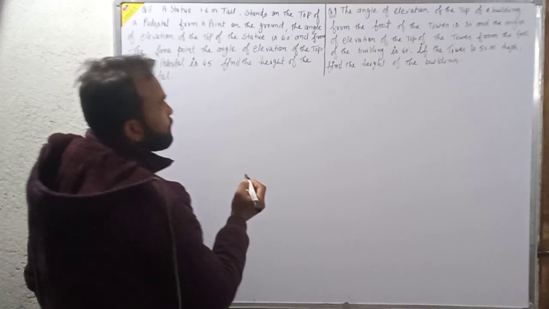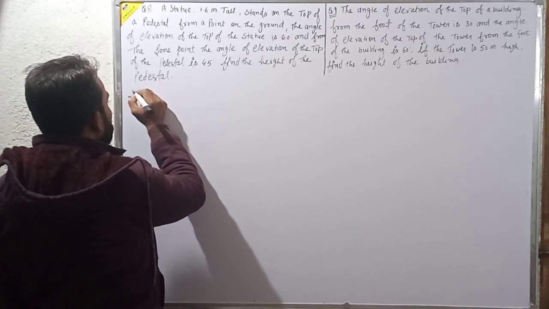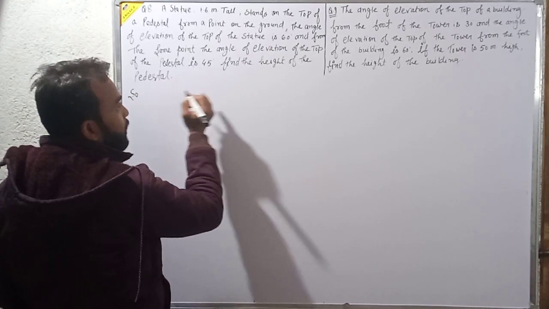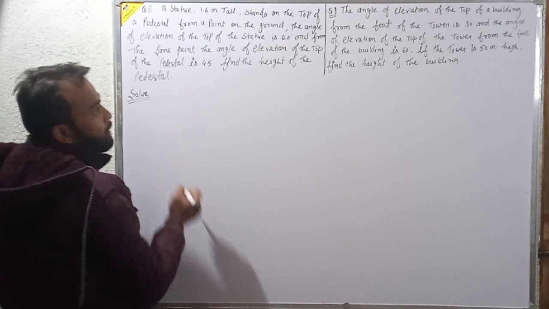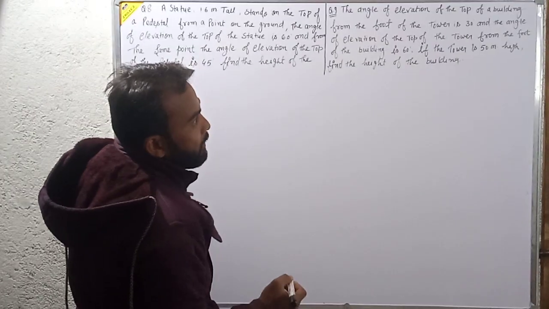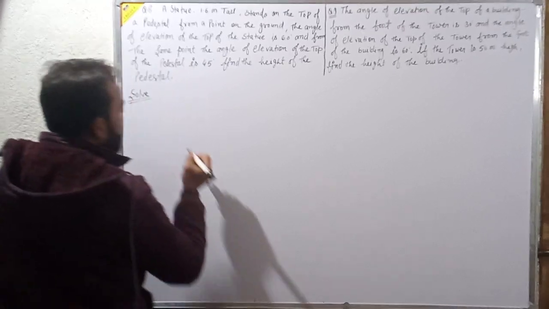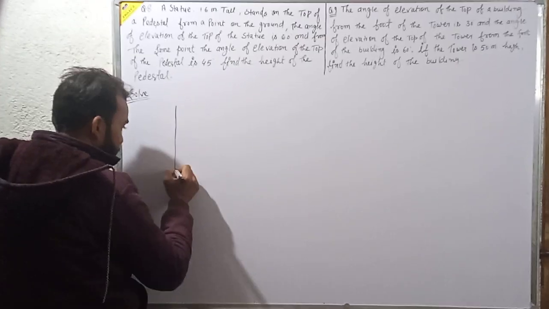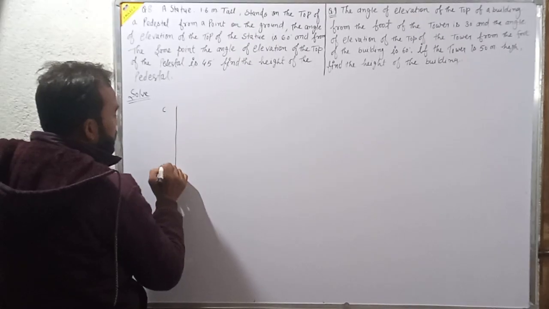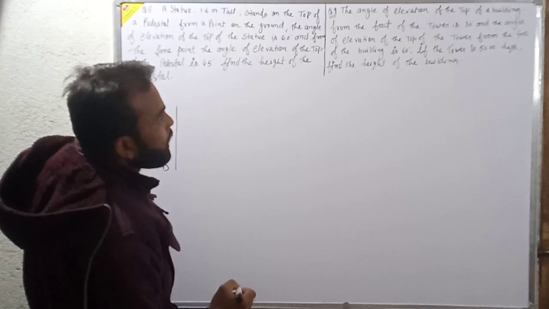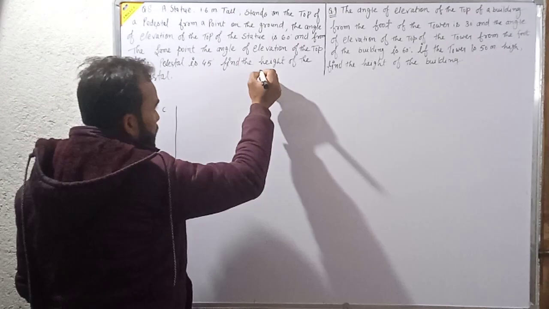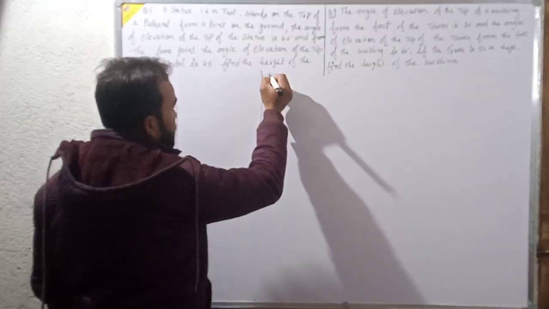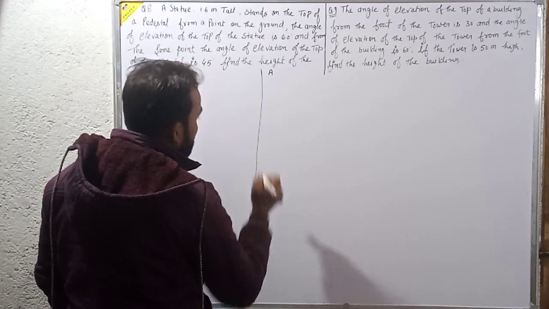First we draw a right angle triangle from the given information. The angle of elevation of the top of a building, let me suppose CD is a building and AB is the tower.